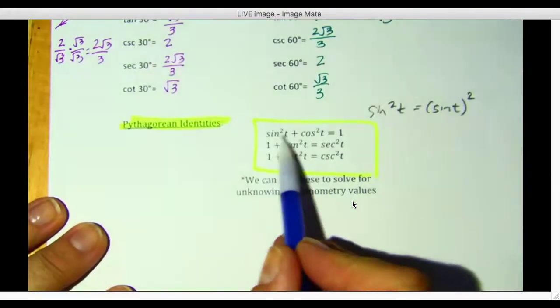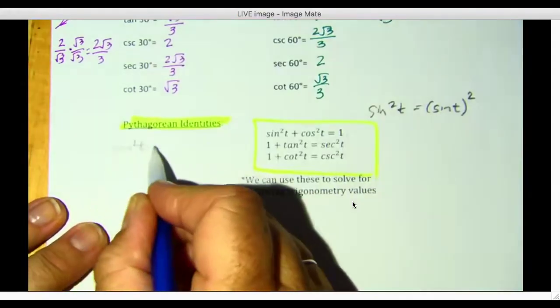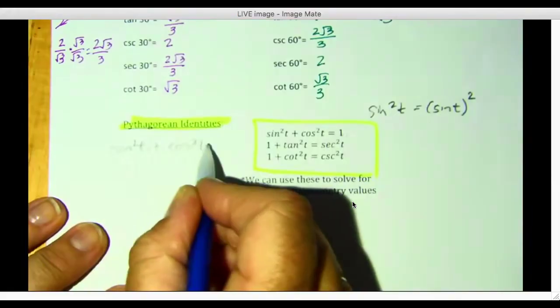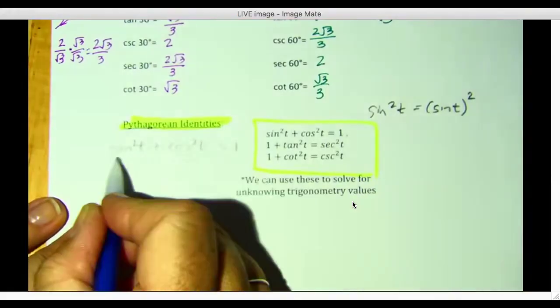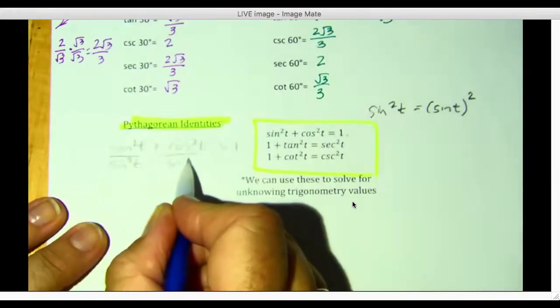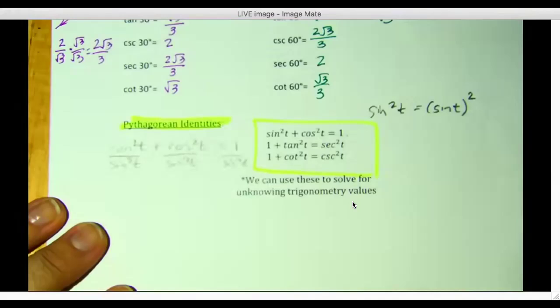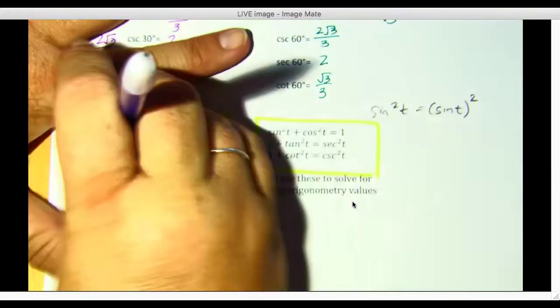Now, if I have this first equation here, sine squared t plus cosine squared t equaling 1, if I divide every term by sine squared, oh, you can't see that. Let me do this in non-pencil.